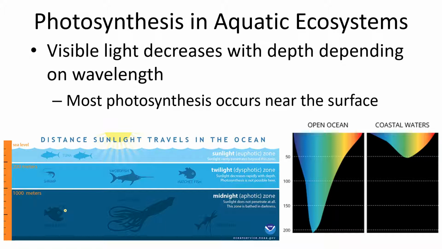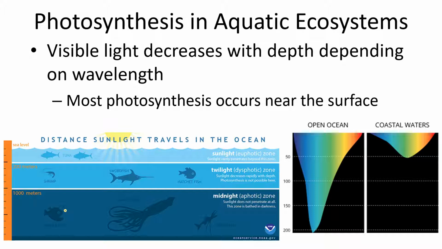That means that most photosynthesis is going to occur near the surface, because that's where the red spectrum is, which is what the chlorophyll is absorbing. So the phytoplankton is going to be way up on the surface of the water.